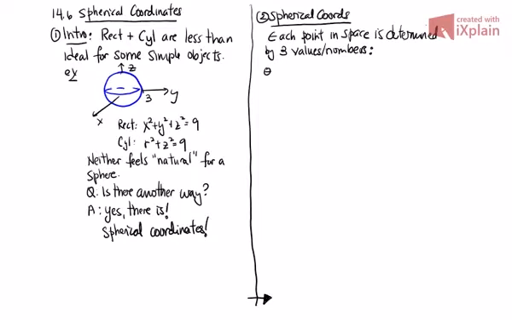We have theta. This is the theta that you know and love. This is the angle with the positive x-axis. And we have this guy, phi. This is the angle with the positive z-axis.